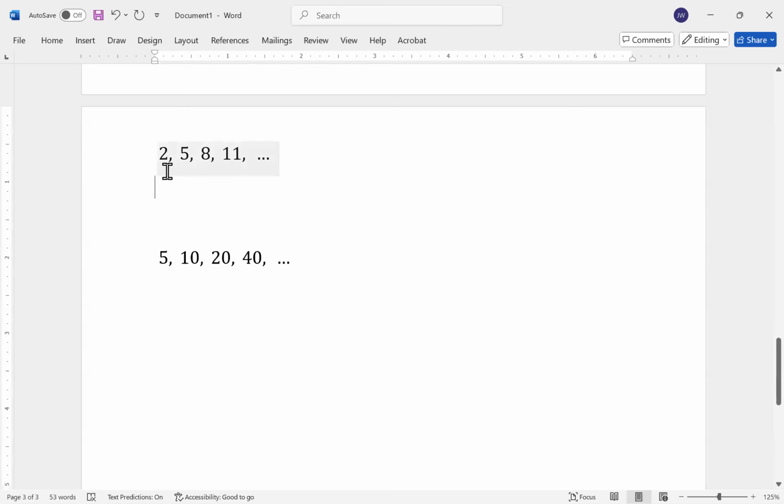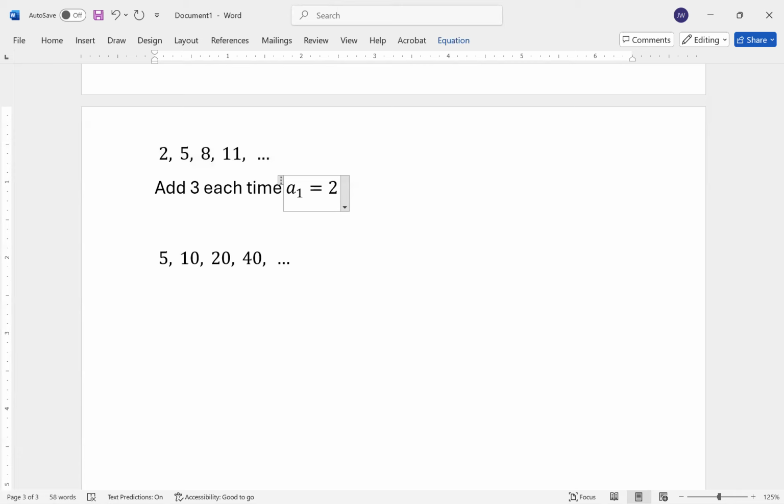For this first sequence, notice that when we're going from term to term, we're always adding 3, 2 to 5. So when we go from term to term, we're adding 3 each time, okay? And we're starting with a sub 1 being the number 2.